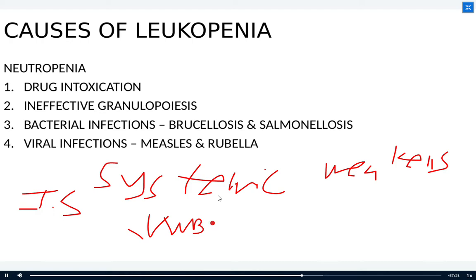And remember, the most predominant WBC is your neutrophil, causing your neutropenia. Ulitin ko, your measles and rubella are systemic viral infections that weaken the immune system. Now, if your immune system is weakened, there is decreased WBC. And if there is decreased WBC, since your predominant, yung pinakamadami yung WBC is neutrophil, bababa din si neutrophil.